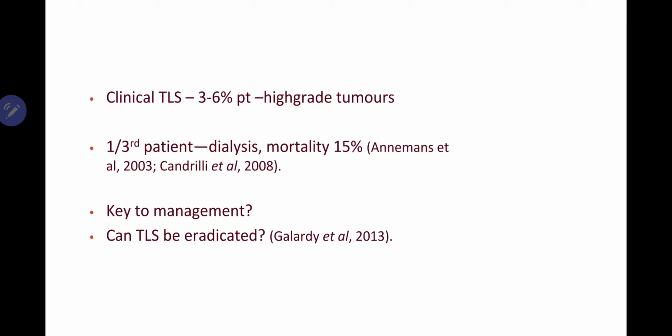So the key to the management of tumor lysis syndrome is hyperhydration and use of uricosuric drugs or rasburicase. Even though we take a lot of measures, TLS cannot be eradicated completely. This was mentioned by Galley et al. in 2013 in one of his very nice papers.